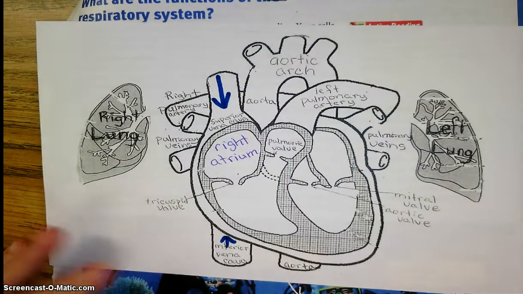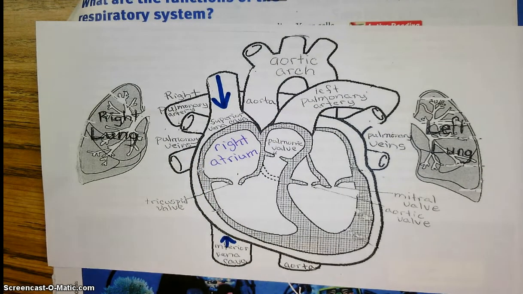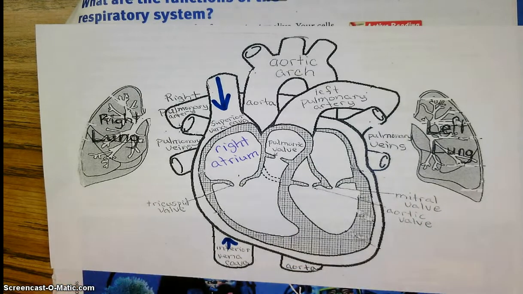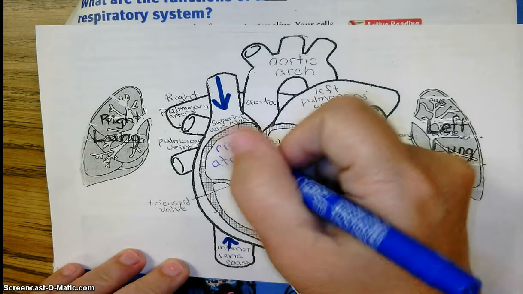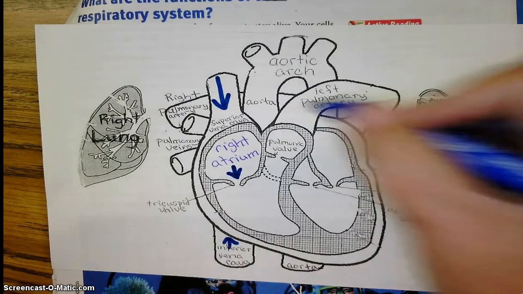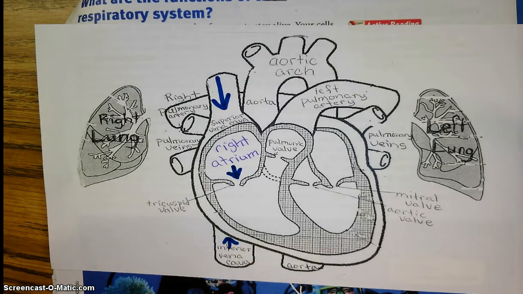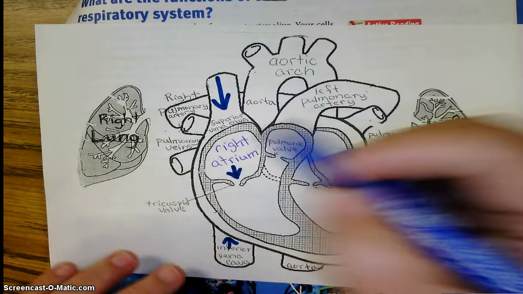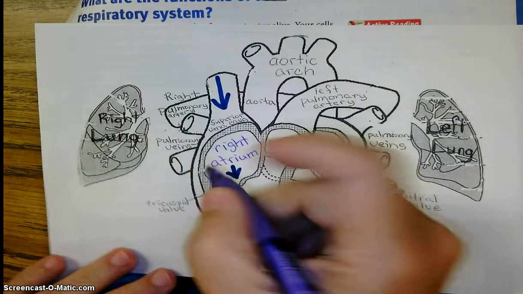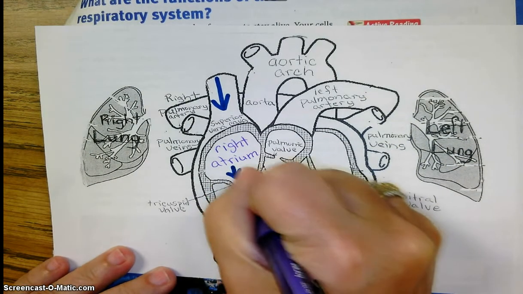Sometimes you'll hear it called atria, right atrium. This is the tricuspid valve. The blood comes deoxygenated, right? Low oxygen, high carbon dioxide. It comes in through the right atrium from the body. It goes into the bottom chamber, which is the right ventricle.